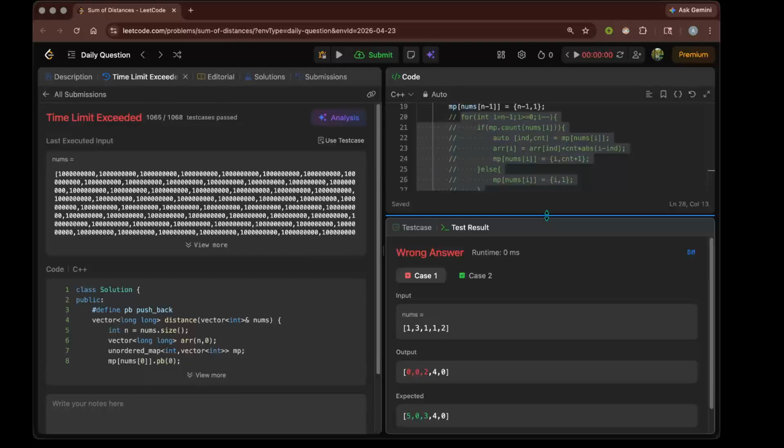And it's storing index 3 and count is also 1.